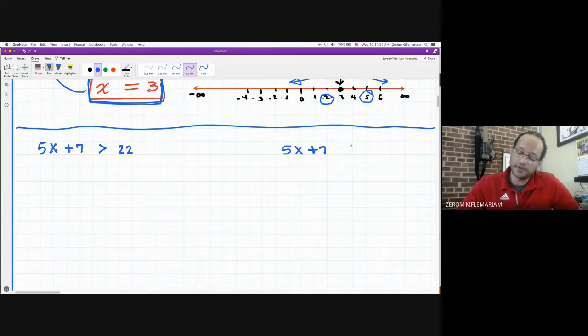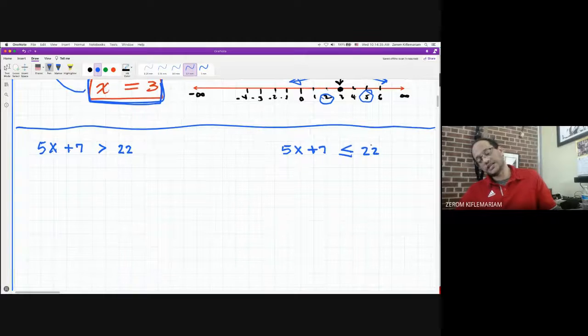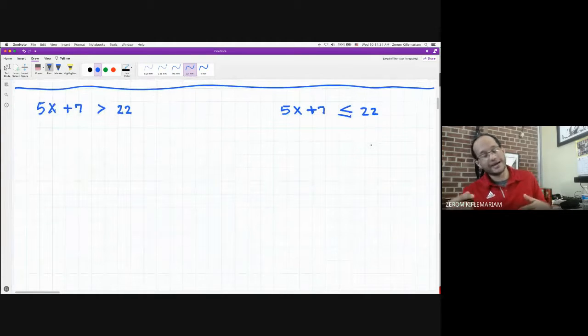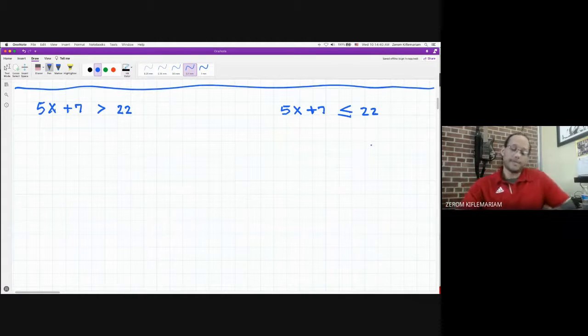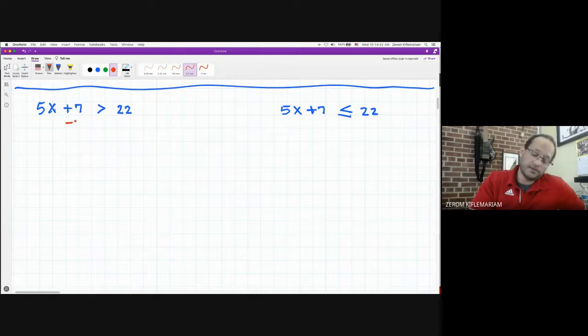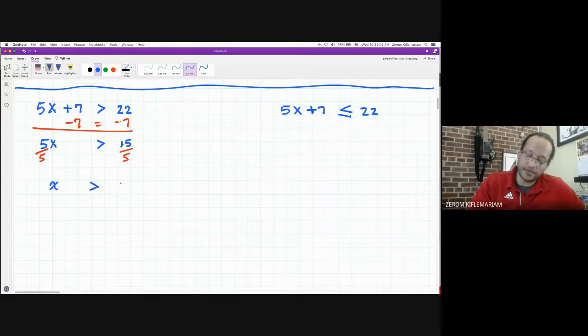The steps are going to be very similar, but my answer is going to change a little bit, meaning whatever we did earlier is going to be the same. So I'll end up with 5x is equal to, not equal to, I apologize for that, greater than 15, and then we divide by 5, divided by 5. Then I end up with x is greater than 3.